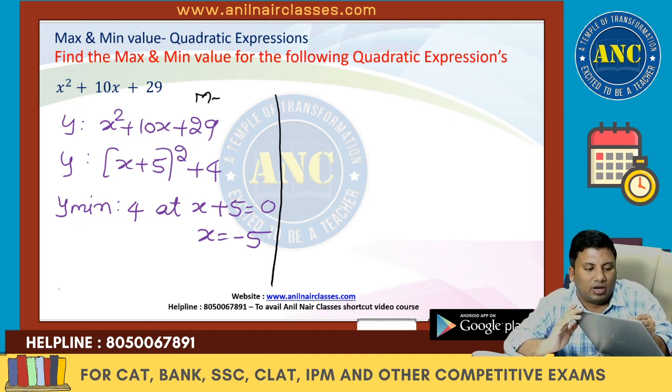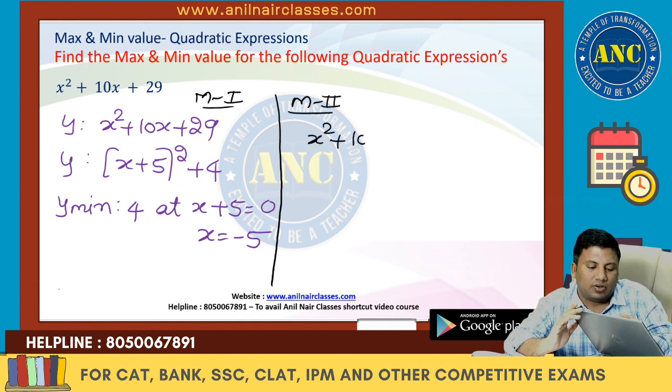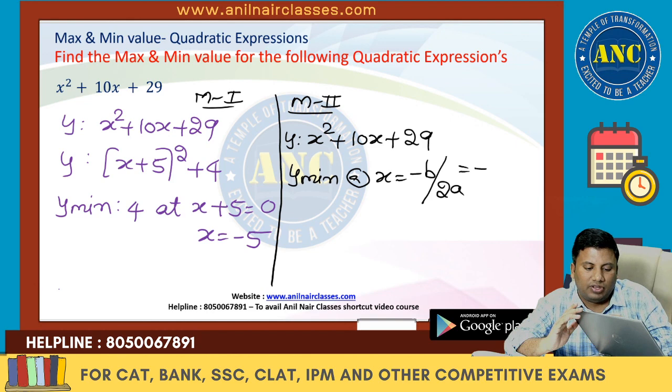This is method 1. Method 2. This is x square plus 10x plus 29. Y minimum will be at x equivalent to minus b by 2a, which is minus 10 by 2, which is nothing but minus 5.